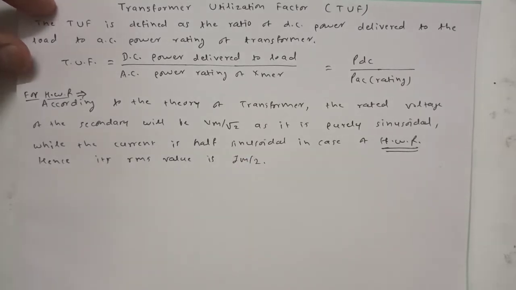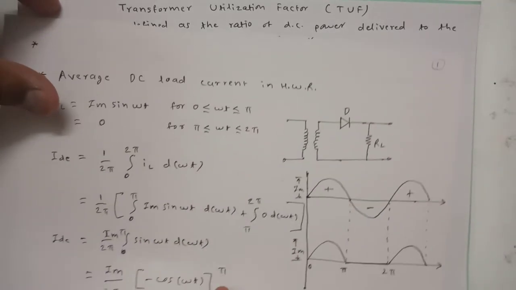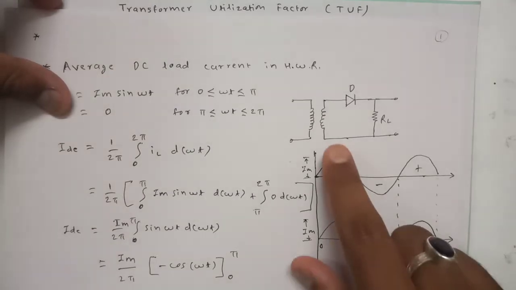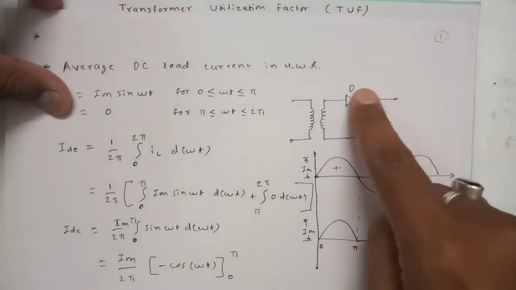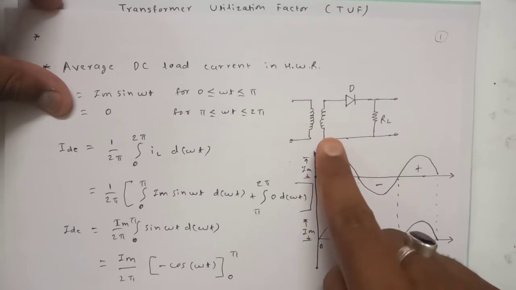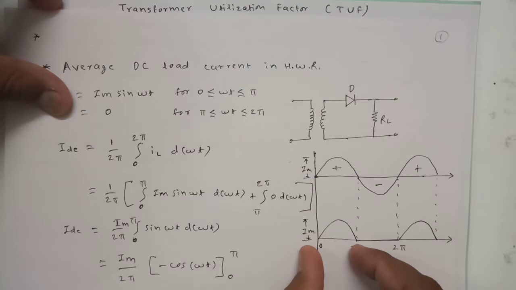Now let us try to understand this with the help of the diagram also. What I mean to say is that you can see in the diagram, if this is the output, then in order for this current to flow, it has to flow through this complete circuit. It means it will flow through the secondary winding also. So only for half of the cycle is the current flowing, right?